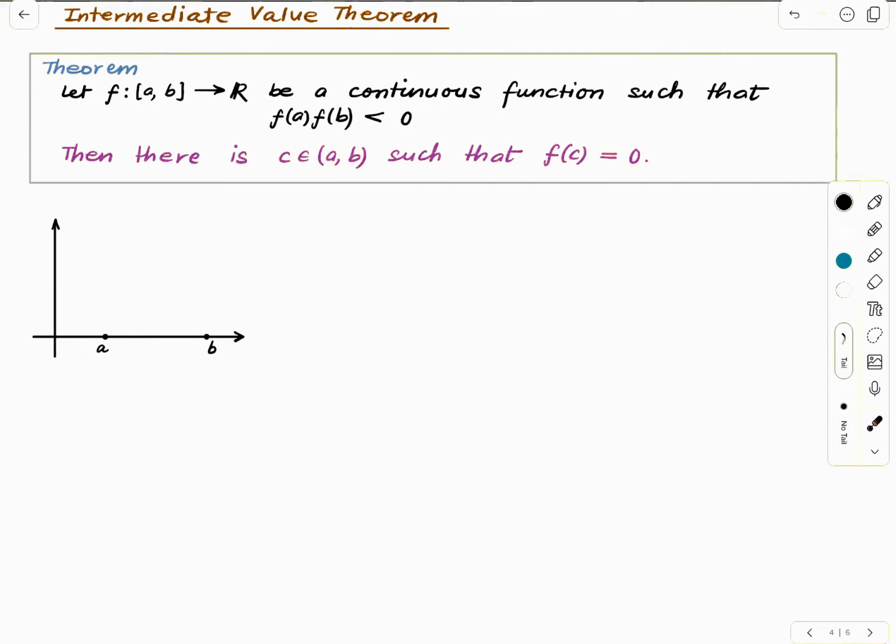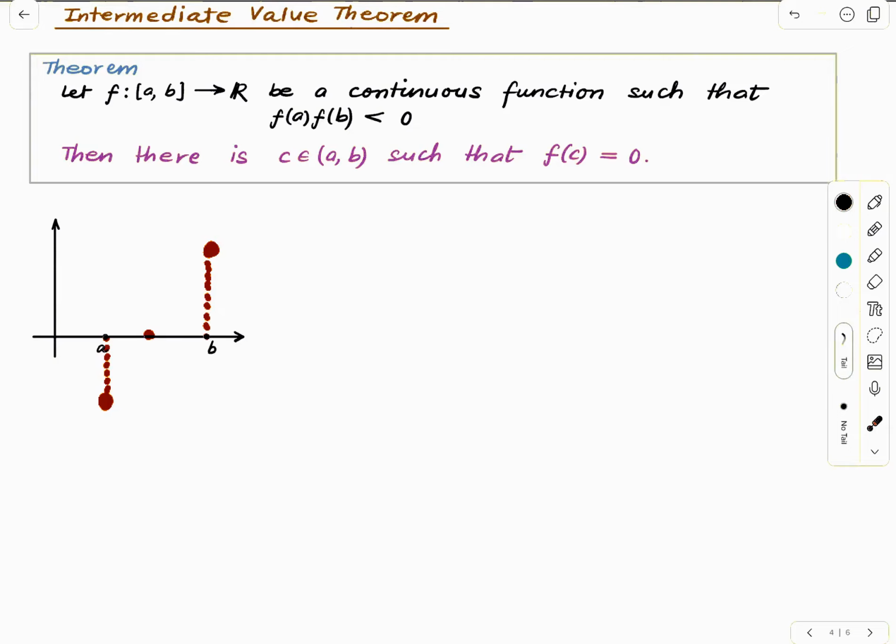Visually, what does this theorem become? Suppose f(a) is negative and f(b) is positive. Then the theorem is saying that somewhere between a and b, the function must take the value 0. Of course, we are assuming continuity of the function, because without that, this is certainly not true.